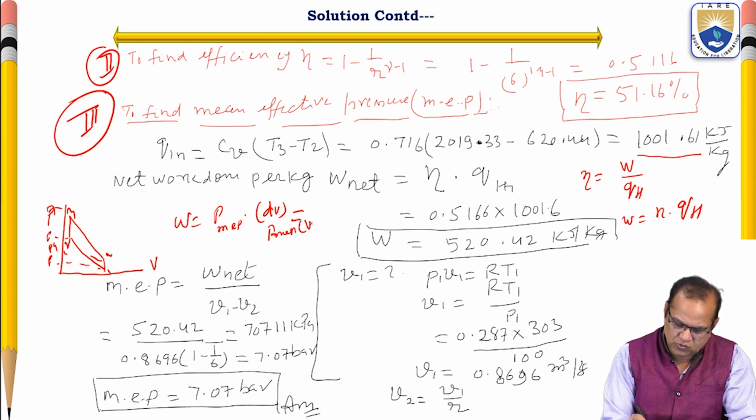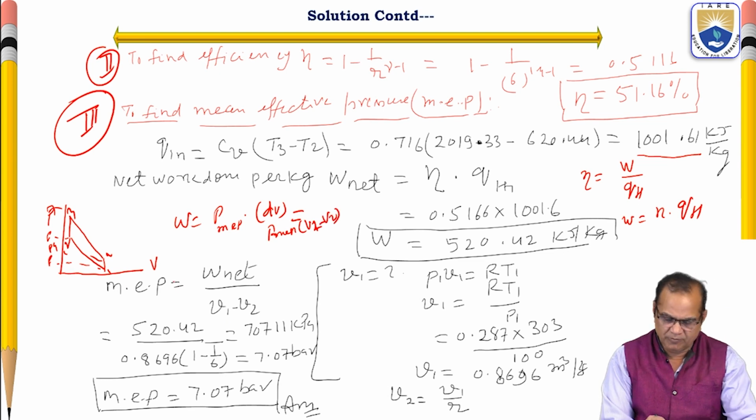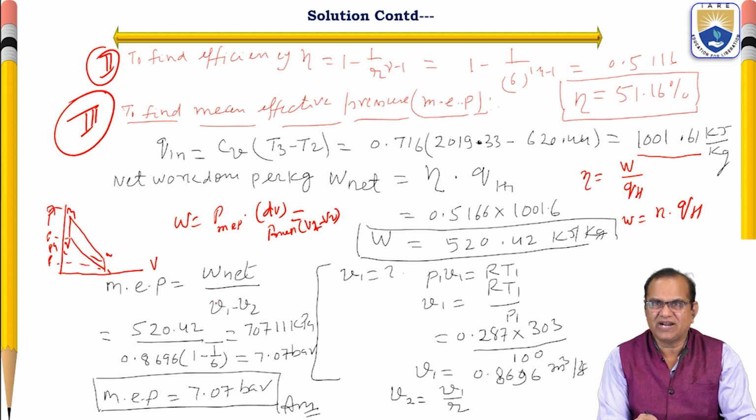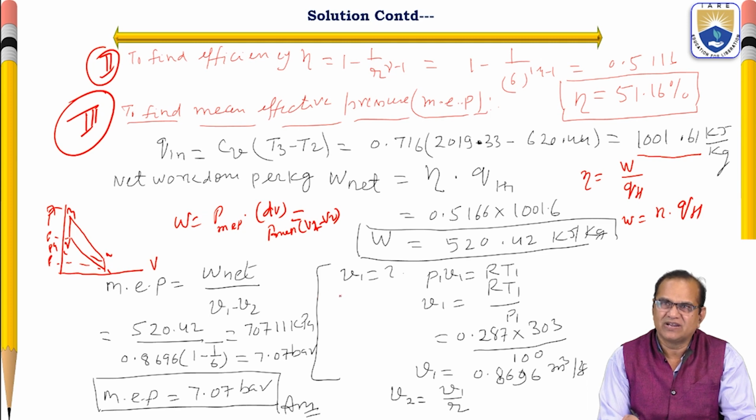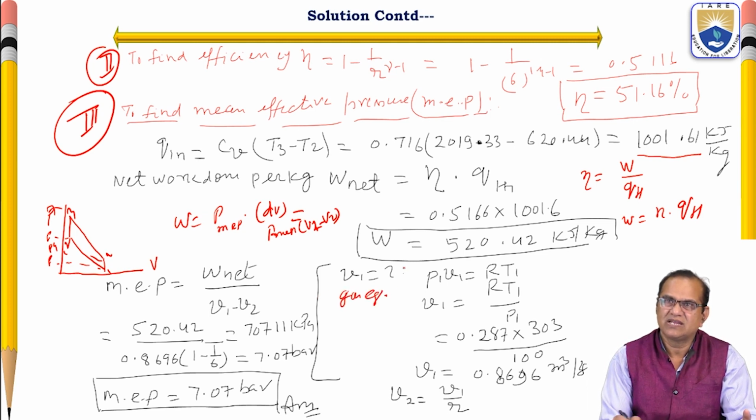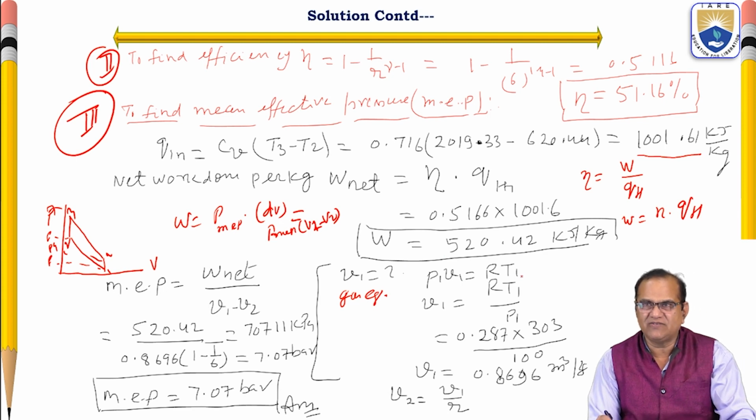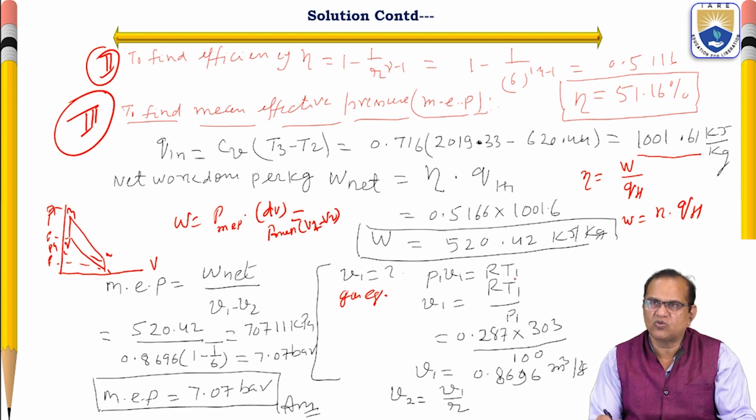PMEP into (V1 minus V2). So mean effective pressure is equal to net work done divided by (V1 minus V2). But we don't know how much V1 is. So by using the gas equation, P1 V1 is equal to R T1. So V1 is equal to R T1 divided by P1.